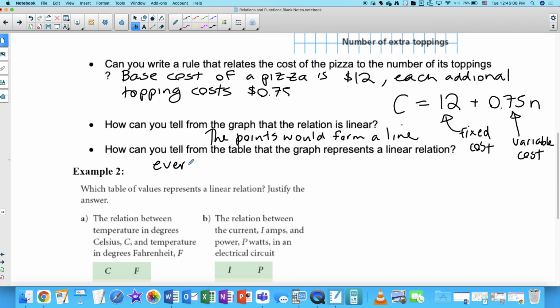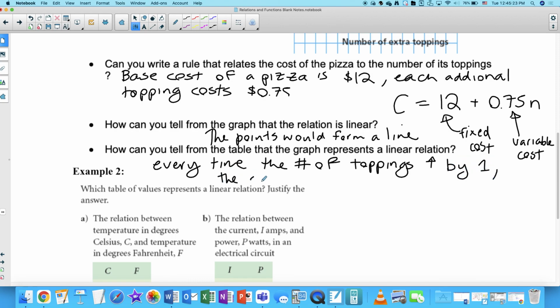Every time the number of toppings increases by 1, the cost increases by 75 cents. Okay? All right. So far, so good?